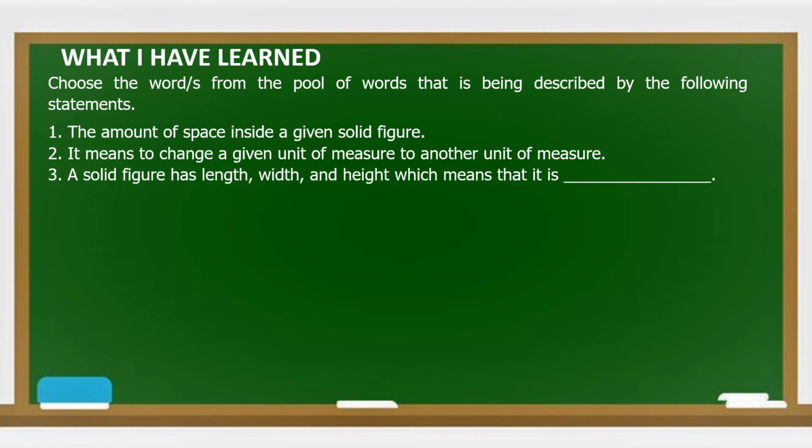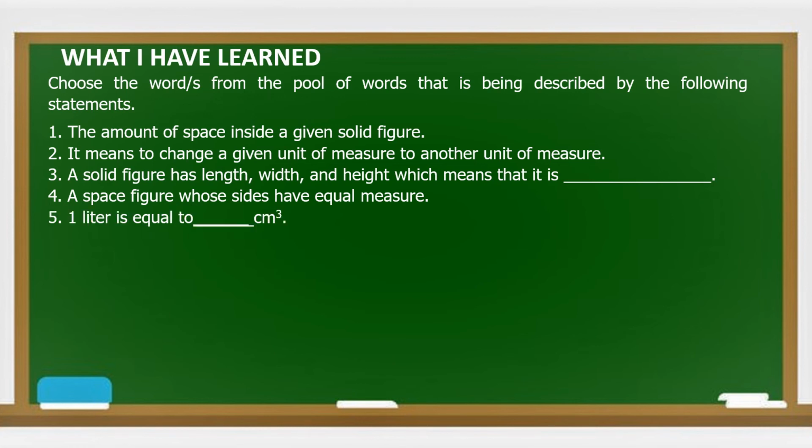A solid figure has length, width, and height, which means that it is blank. 4. A space figure whose sides have equal measure. 5. 1 liter is equal to blank cubic centimeters.